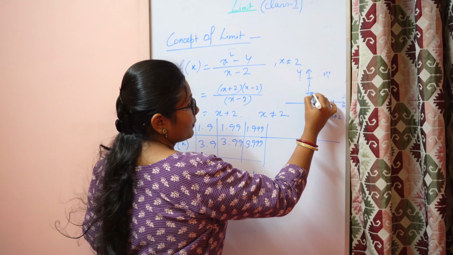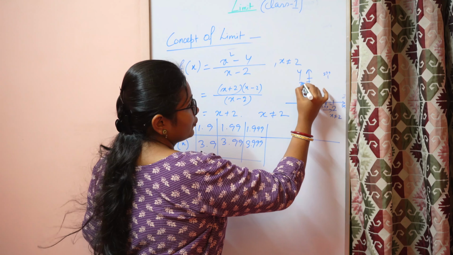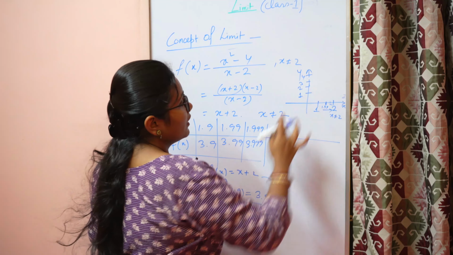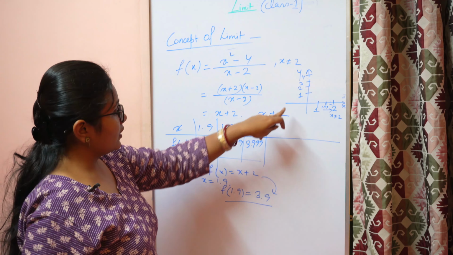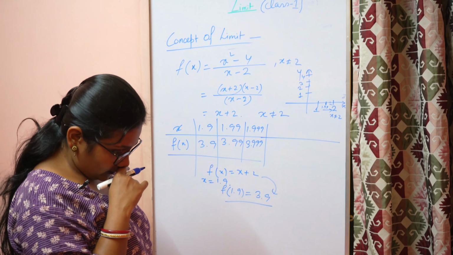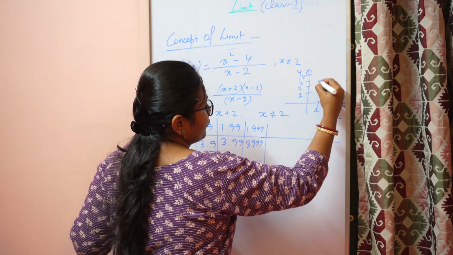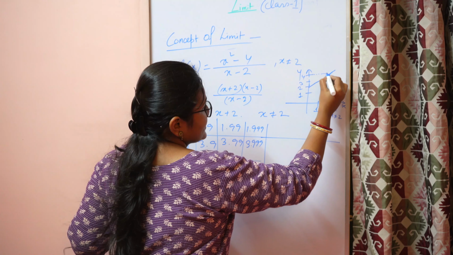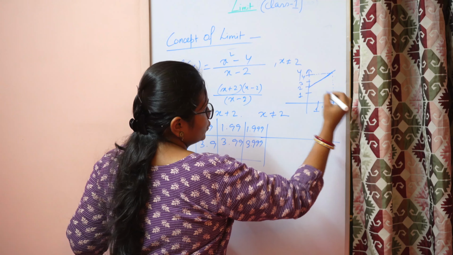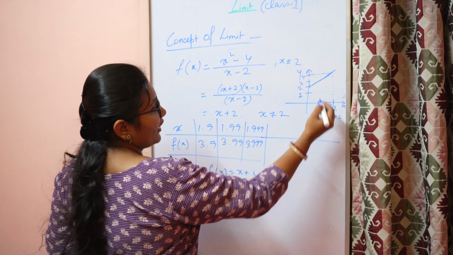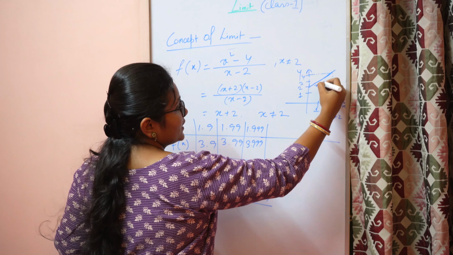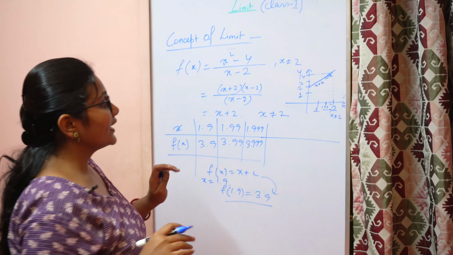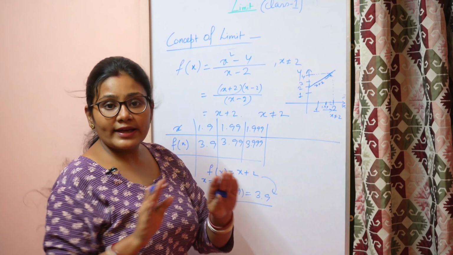Suppose I am taking this x plus 2 in the graph, you will get this type of diagram. For 2 this is 4. When you are taking values of x, all the values of x plus 2 will approach 4 but not exactly 4.